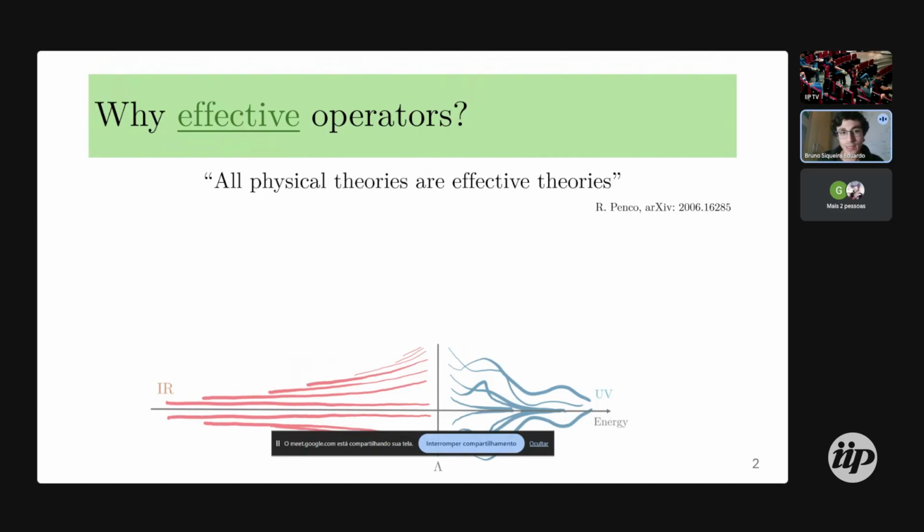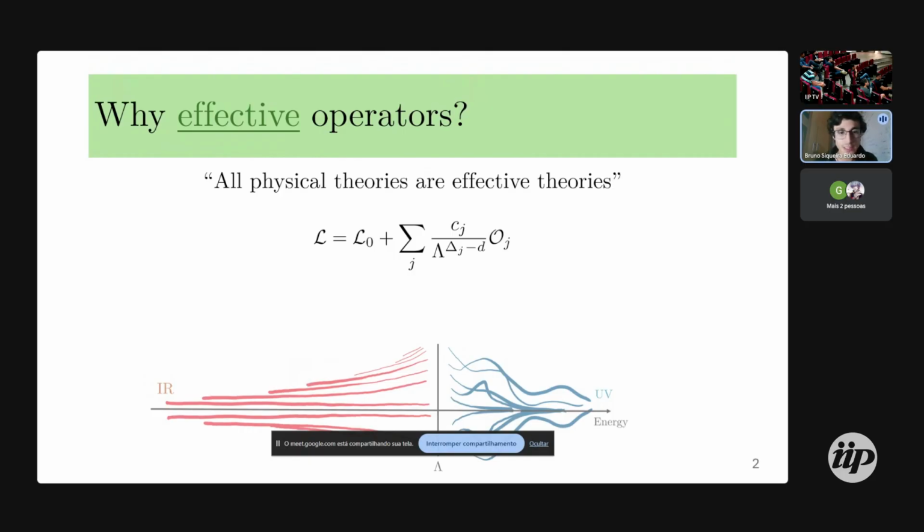So it is always effective in some sense because we're always neglecting heavier modes, like heavier fields, if you want. The way you can parameterize your ignorance is by means of those effective operators. They constitute higher dimensional operators.